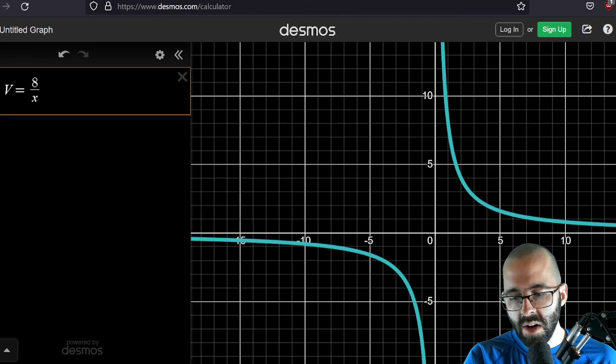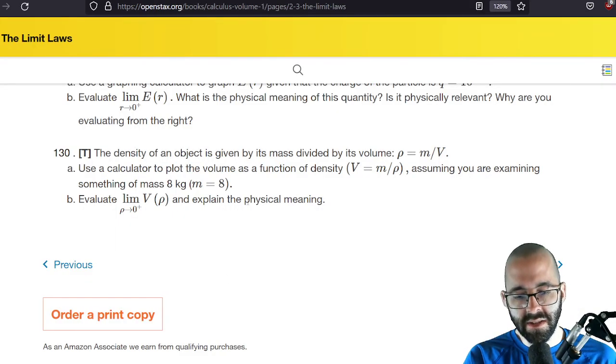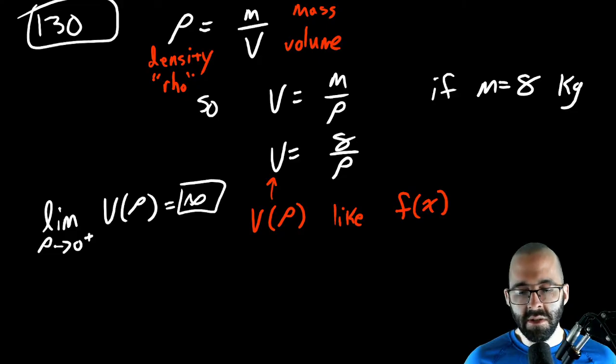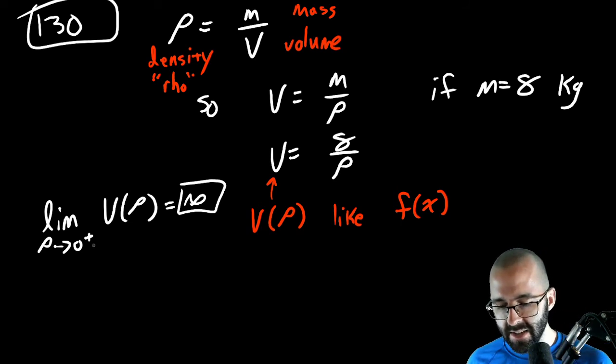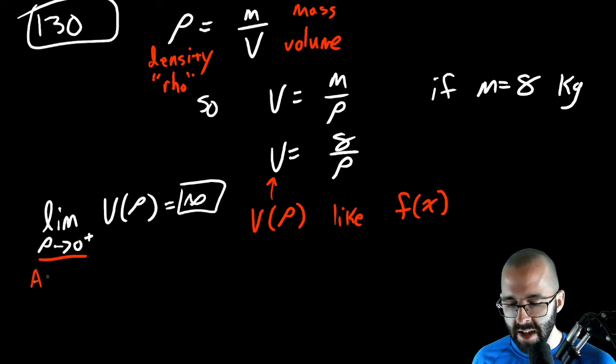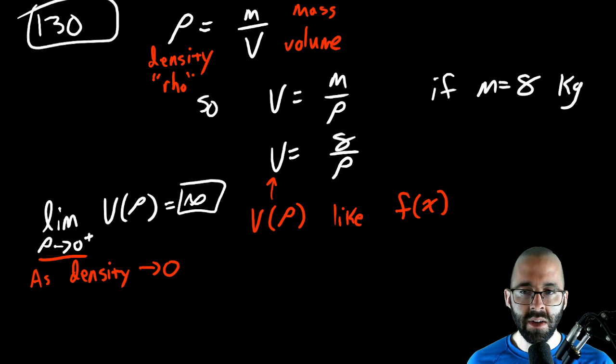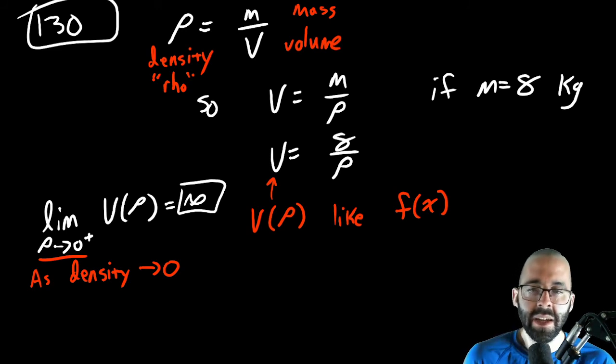And then it also wants us to interpret what this means. As rho, as the density, goes to 0, and negative density doesn't make sense.